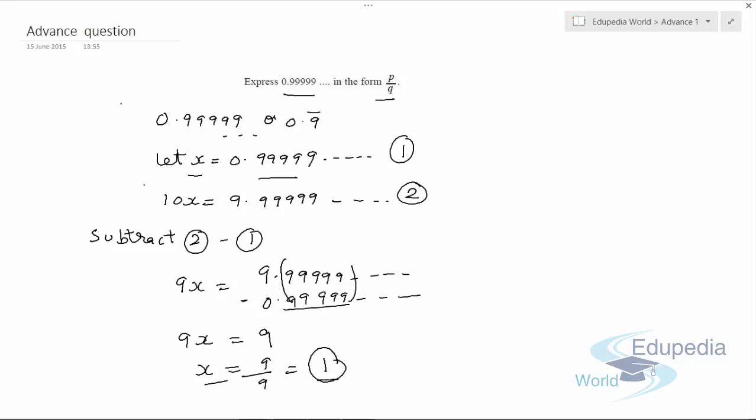How has this happened? When we are solving these types of questions, if you see the question carefully, by multiplying by 10 we are just shifting one part of the decimal to the left. We are actually shifting one part of the number to the left, and we are left again with a non terminating part, and we assume that it goes to infinity.